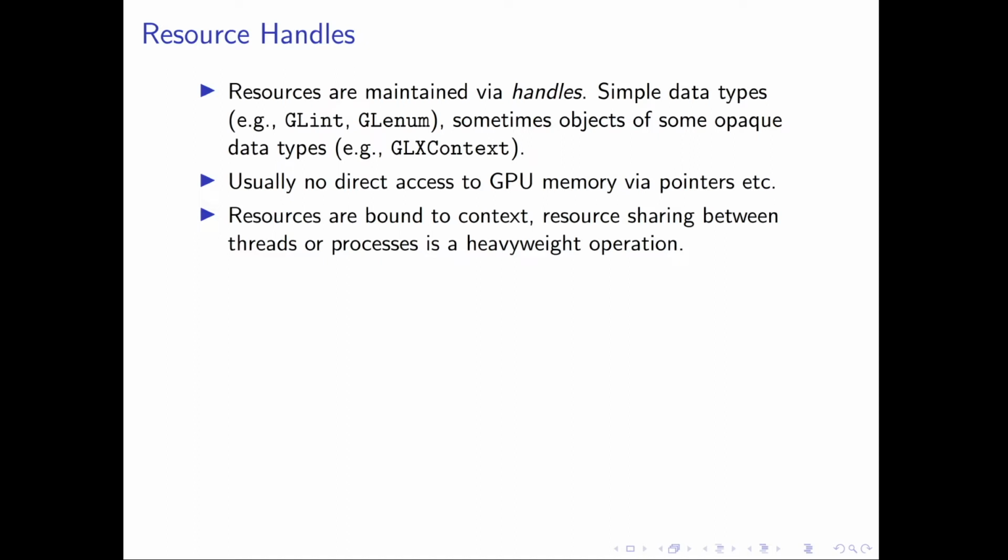Sharing those resources is not just accessing a certain memory region via a pointer, but usually would see us obtain a handle to a certain buffer and bind that buffer in our context so that we have exclusive access to it. And the operations concerned with that are usually quite heavyweight.